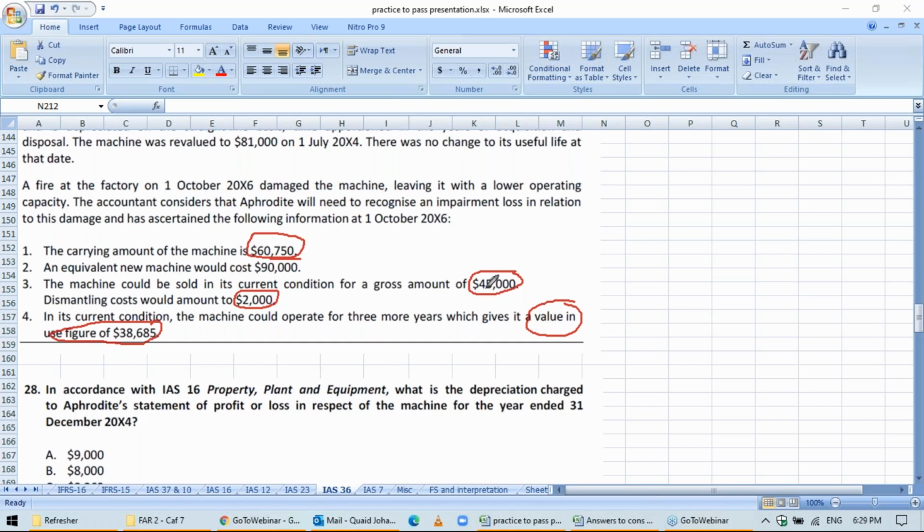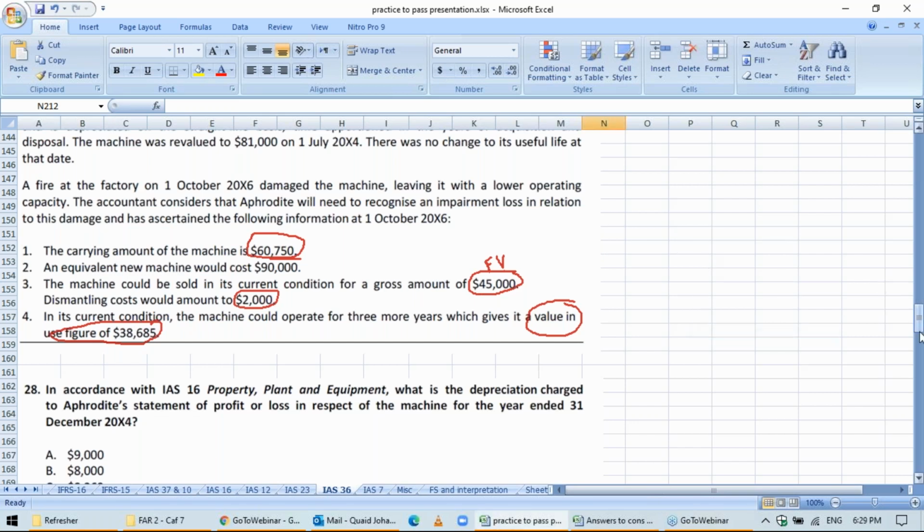So the fair value is 45,000 and we will deduct the cost to sell. So 45,000 is the fair value. And we will compare the fair value with 38,685, which is the value in use.